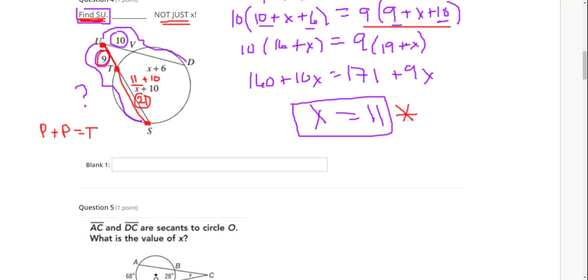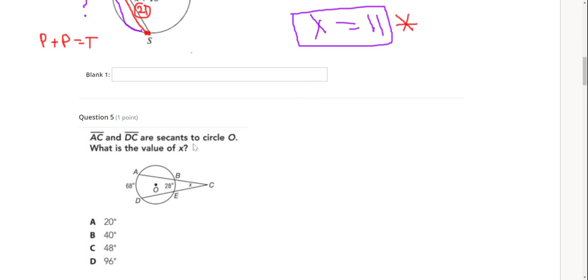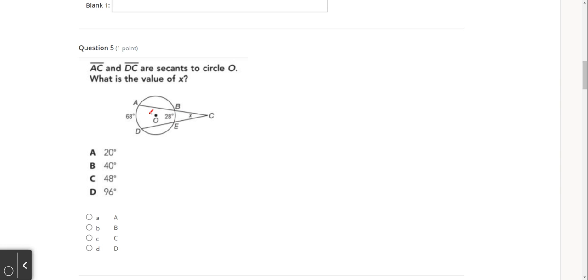Lily, correct. Plus. The part plus the part equals the total. Correct. Until you get to question 5. Question 5 is arcs. So this is the big minus the small divided by 2 equals the angle.